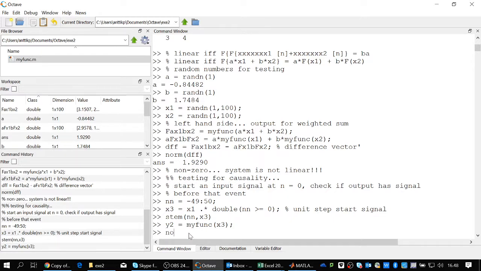We calculate the norm of y2 on the points when n is less than 0. That's one way of checking this, which points to choose. This gives me a true-false vector with the same size, so together it gives those values of y2 where the index is less than 0.